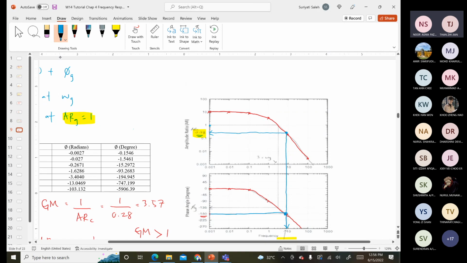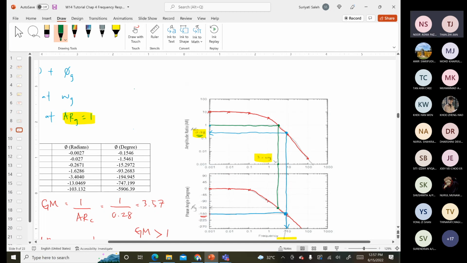For this one I use another color. So 1, we draw the straight line until it reaches the amplitude ratio line. Then we find what is our frequency. For this part, the frequency is 3. WG equal to 3. In order to find the angle, we go downwards until it reaches the next line.